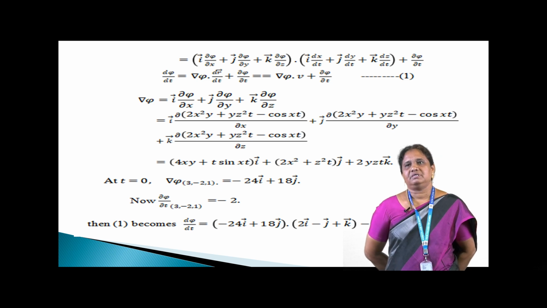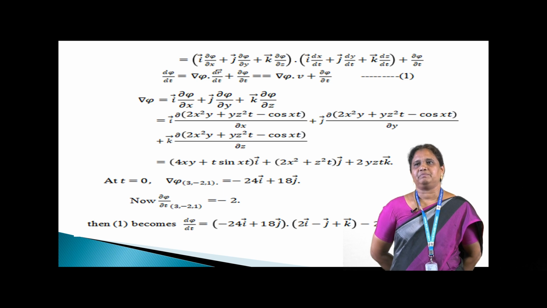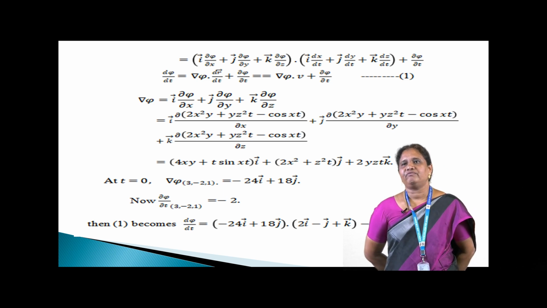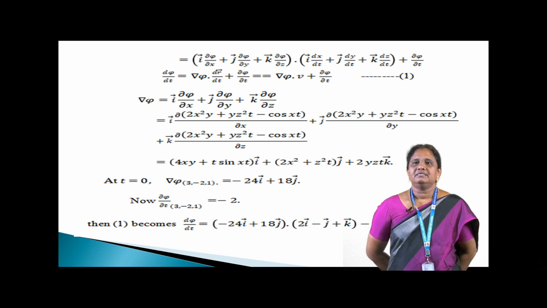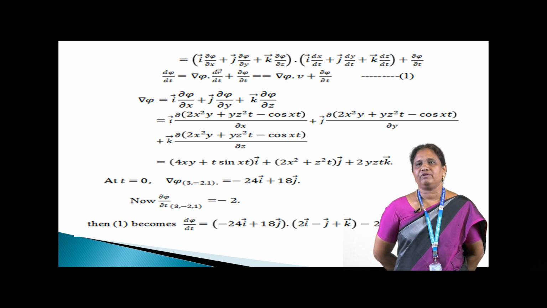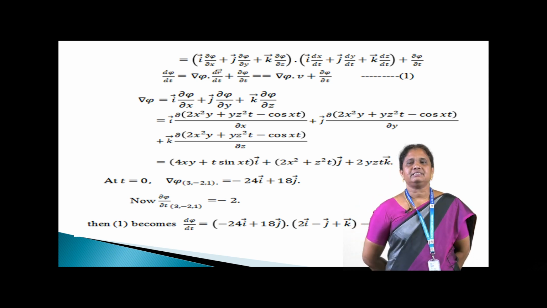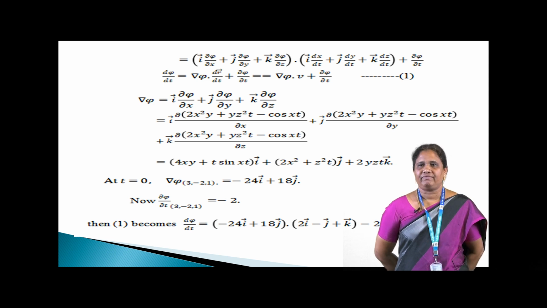If you expand the dot product, we get the previous step. Plus the last term dou phi by dou t. In the dot product, the first factor, i dou phi by dou x plus j dou phi by dou y plus k vector dou phi by dou z, is nothing but the gradient of phi, del phi.